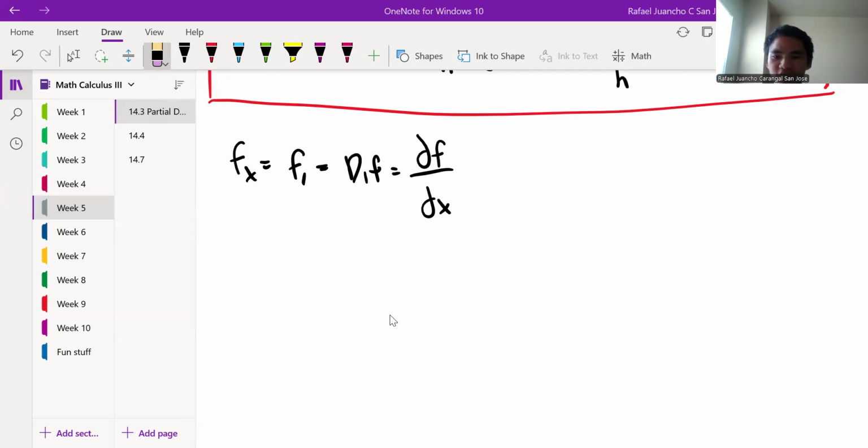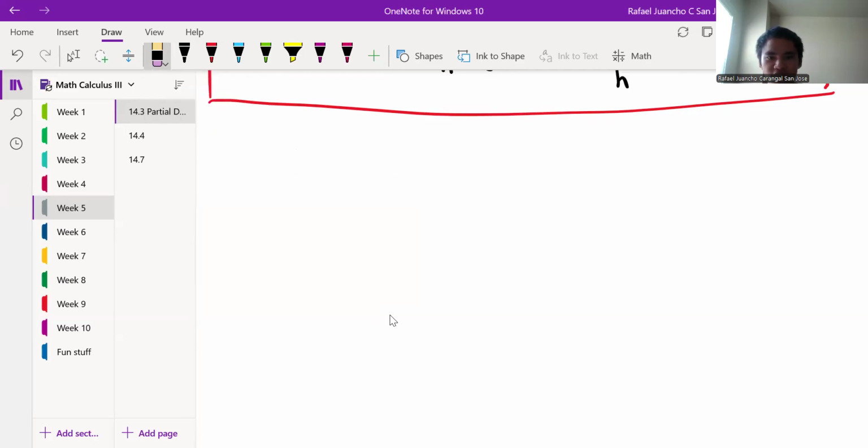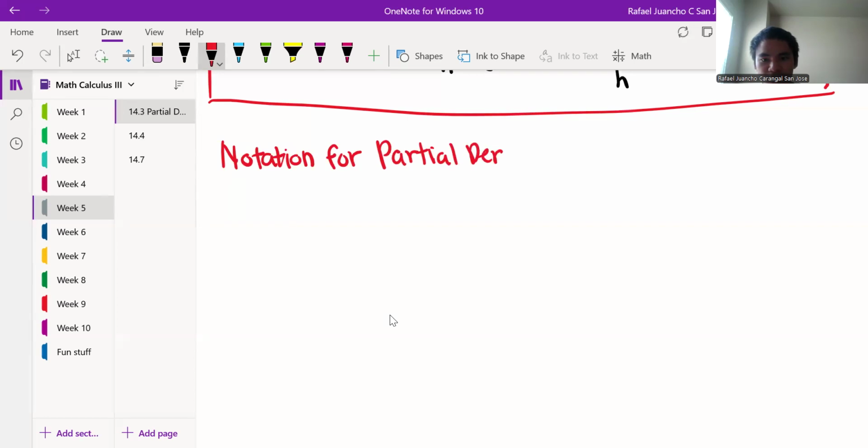So yeah, let's just write down the notations for each. So notation. And this is specifically for partial derivatives.